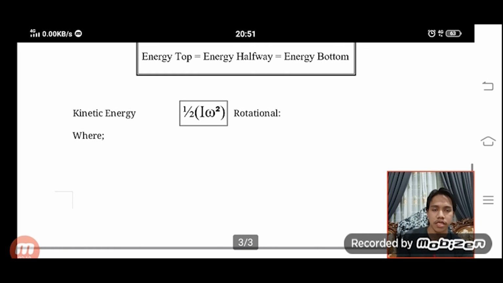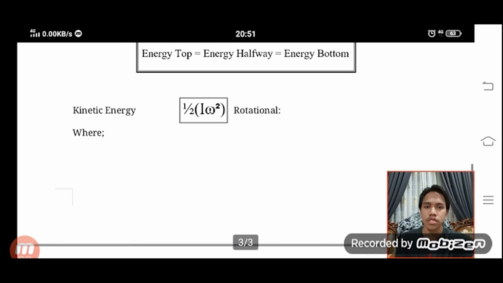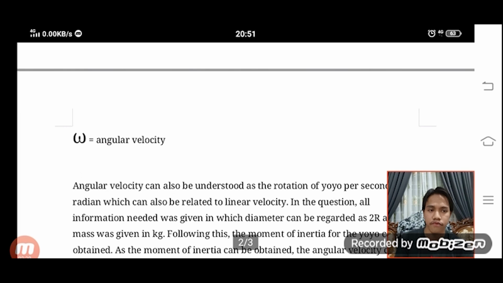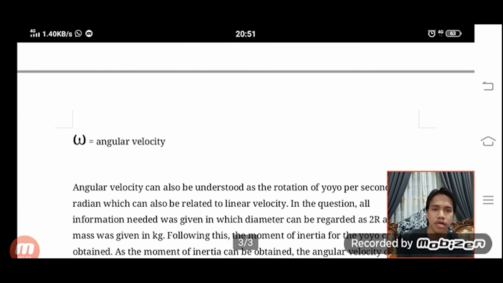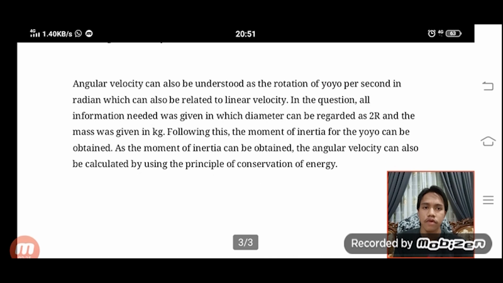So the formula for rotational kinetic energy is 1 over 2 I omega square, in which I is the moment of inertia and omega is the angular velocity. Angular velocity can be understood as the rotation of the yo-yo per second in radians, which can also be related to linear velocity.